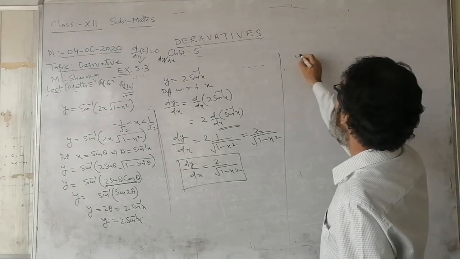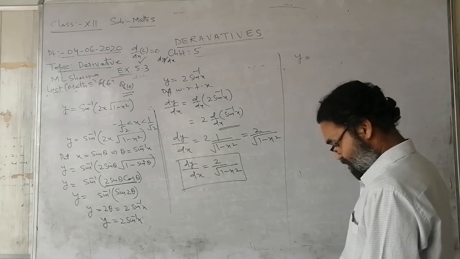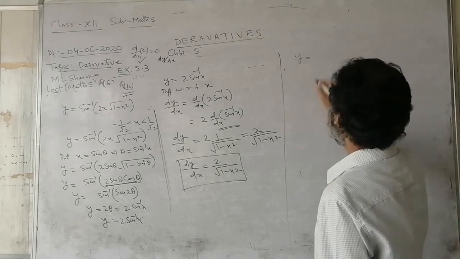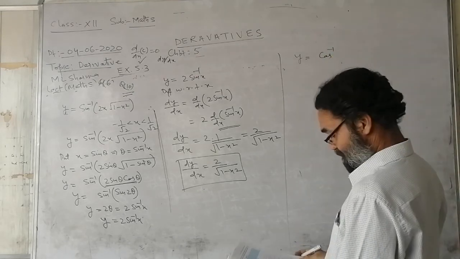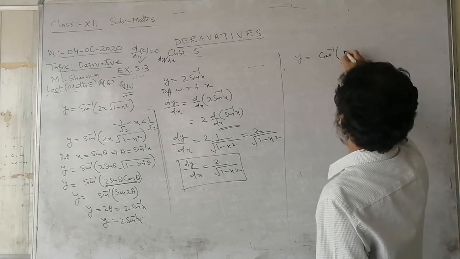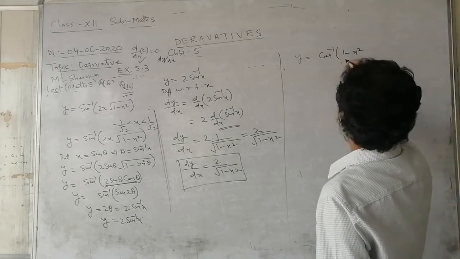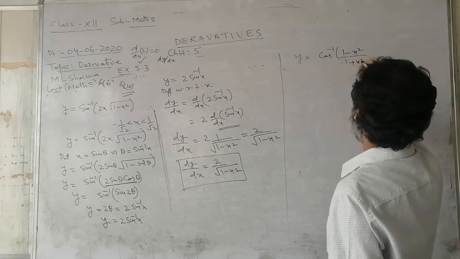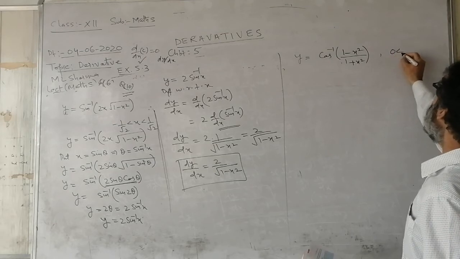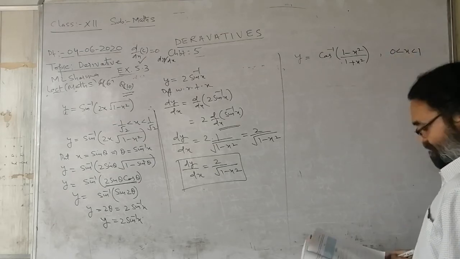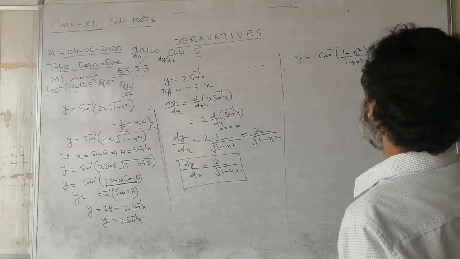Y equals cos inverse of 1 minus x square upon 1 plus x square, and its principal value is given, and we have to find the value of dy upon dx.